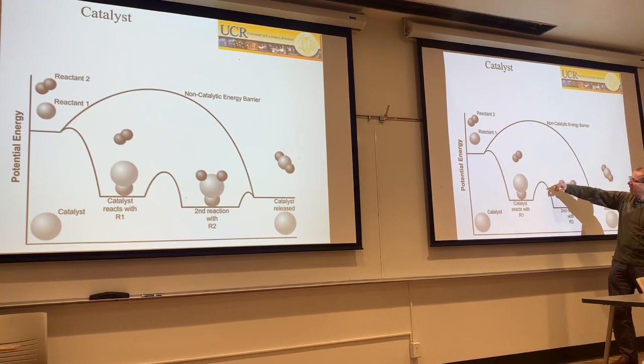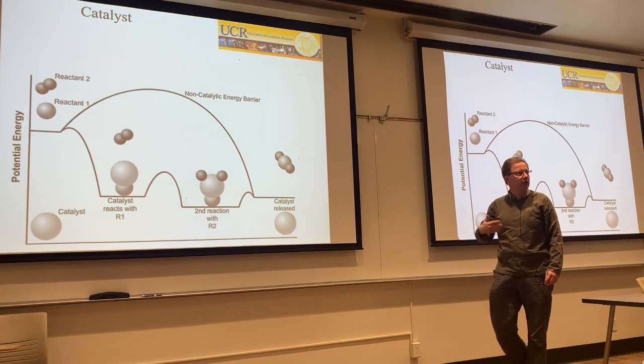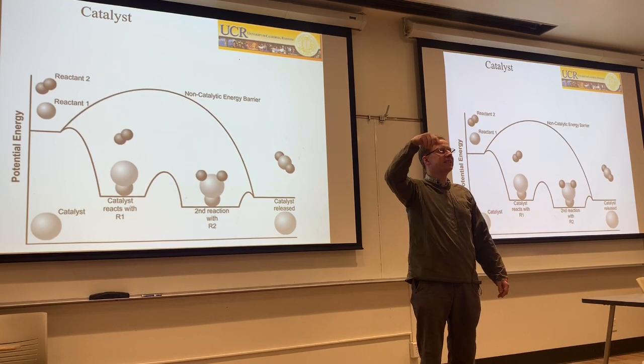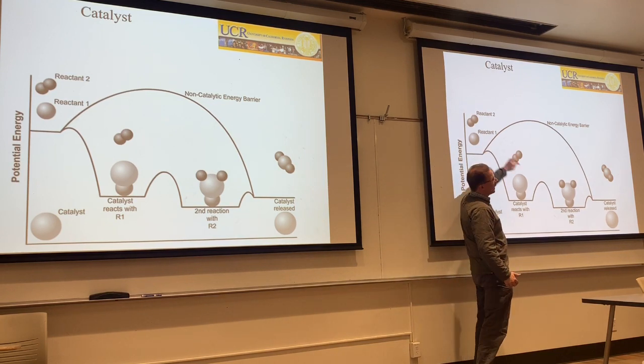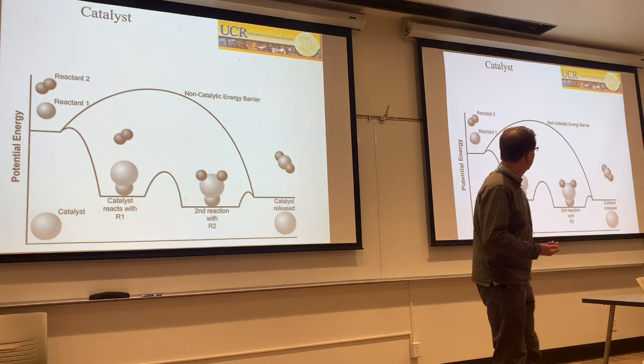Note that the barrier goes exponentially into the equation. The Arrhenius equation tells us that the rate constant is e to the power of minus delta E, that barrier over here, over kT. So it goes exponentially into determining the rate constant.